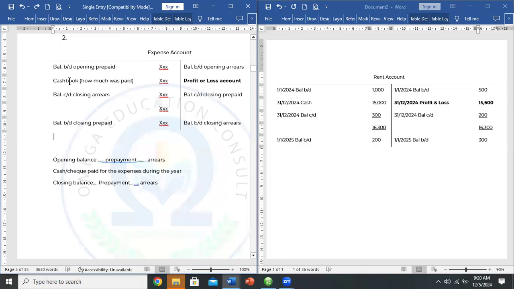Then you put in how much was paid during the year and the closing balances. I tell students, if you can remember the opening balances, the closing balances shouldn't be a problem. Because opening arrears is a liability, so the brought down is at the credit side, and the carry down should be at the debit side. So this is your expense account.